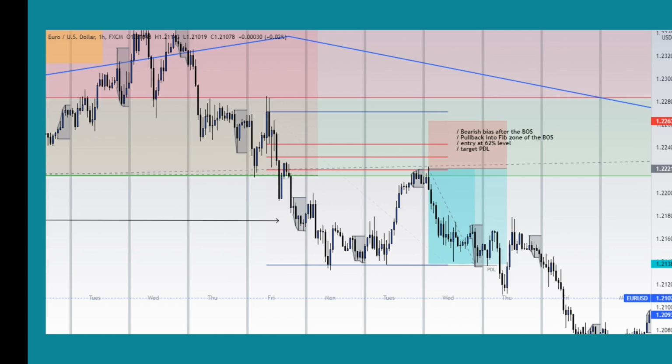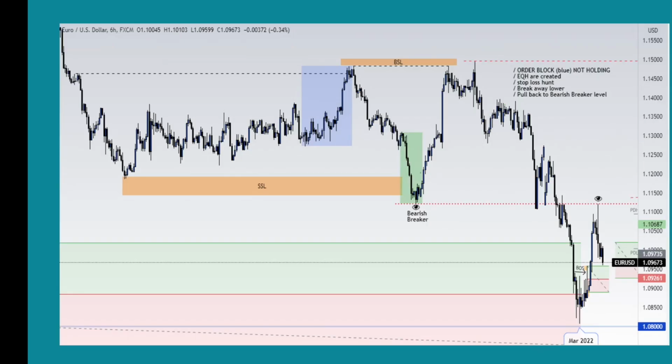Let me be clear from the start. When, if, and to what level imbalances or order blocks will get mitigated can never be known for sure. In the following example, you see a clear buy to sell candle, blue area, in a market with a bearish bias, followed by a sell side liquidity grab, creating a bearish breaker.